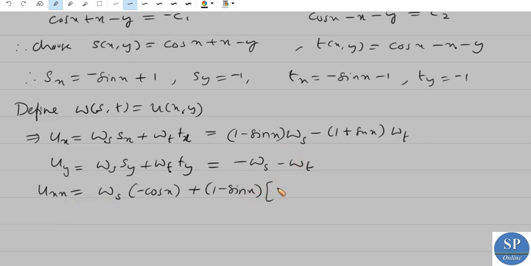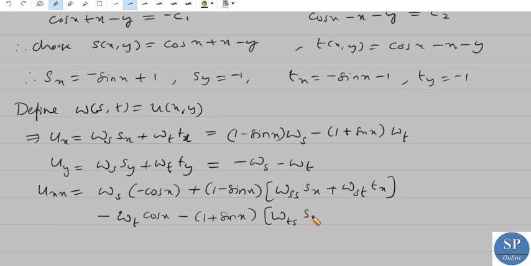So this is w_ss s_x plus w_st t_x. Then minus w_t into derivative of 1 plus sin x, that is cos x, then minus (1 plus sin x) into derivative of w_t with respect to x. So w_ts s_x plus w_tt t_x.